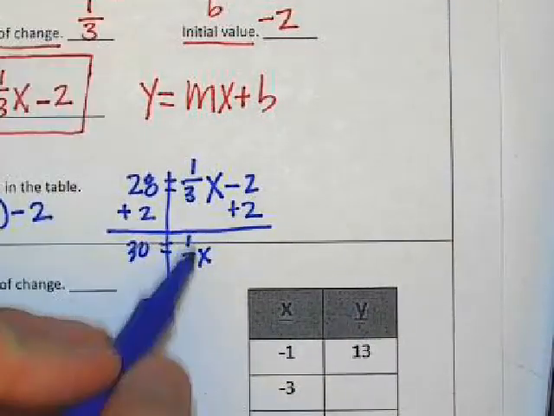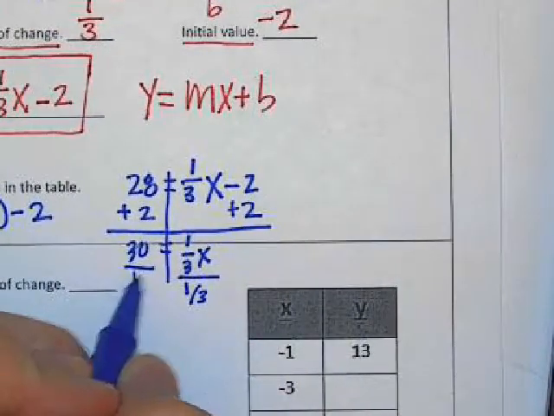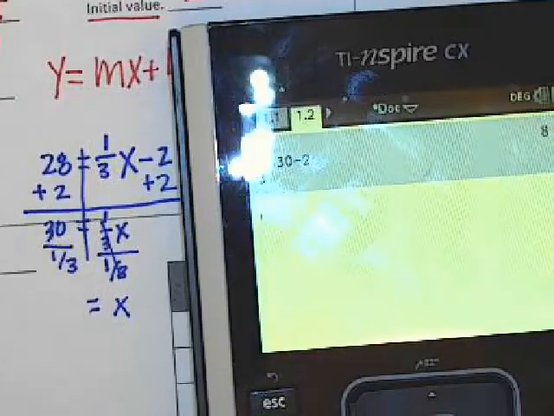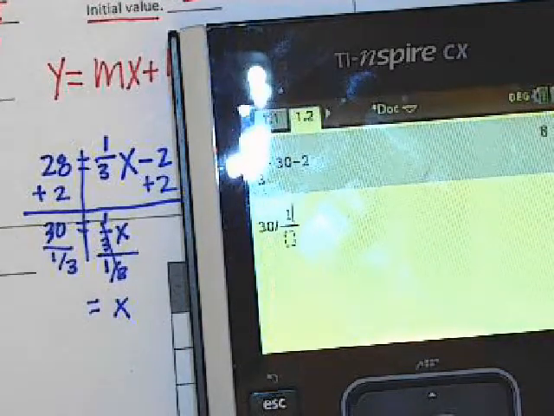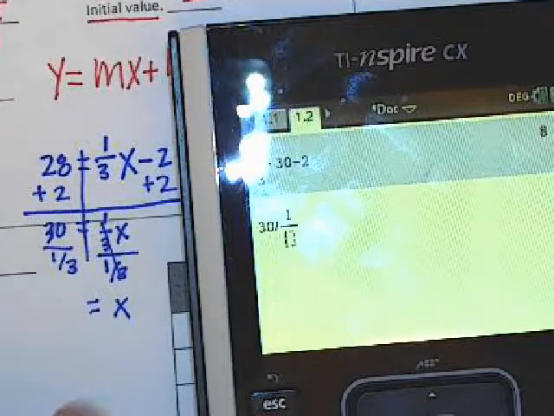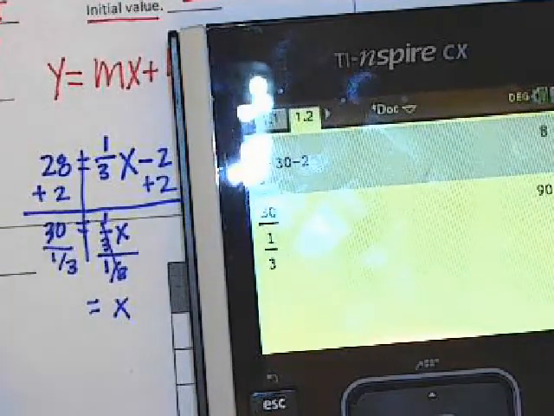How do I get rid of this 1/3? Divide by 1/3. X equals, okay, then in my calculator, I'm going to do 30 divided by 1/3. And I get 90.